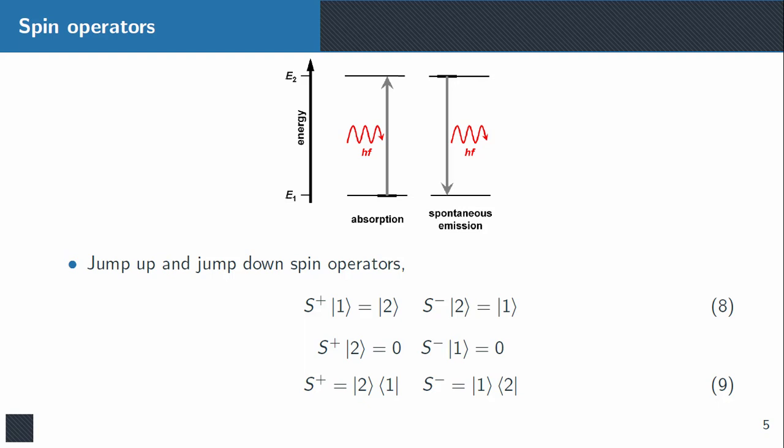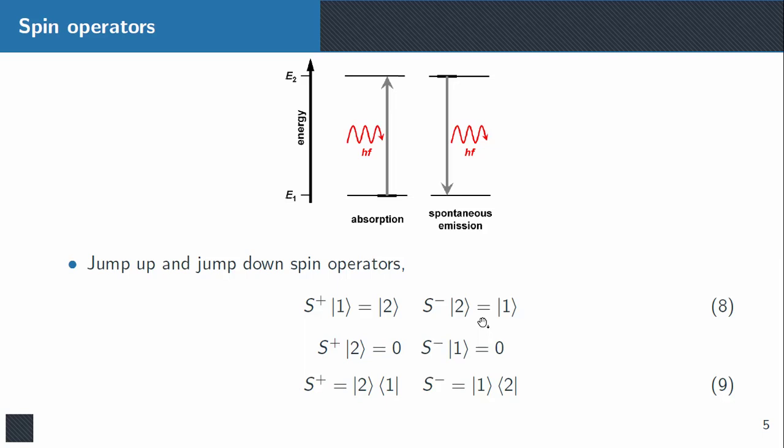So our spin up and spin down operators have this form as given in equation 8: when the spin up operator acts on the lower energy state, it transforms it to the high energy state, and when the spin down operator acts on the high energy state, it transforms it to the lower energy state.